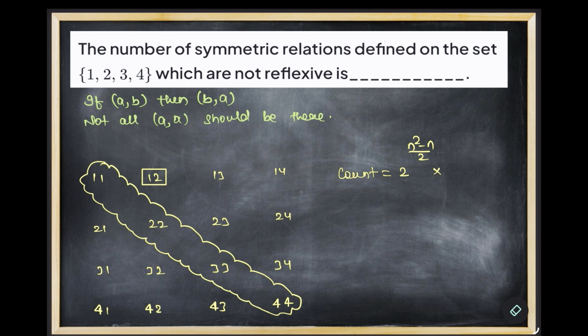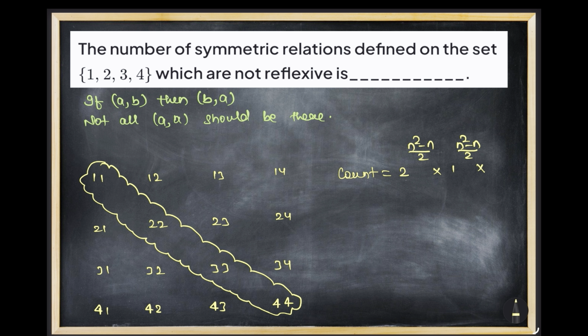So don't you think the rejection and selection of this element depends upon the other? Corresponding to all cases, you have only one choice. So can I say that the lower triangle elements will have one choice each? So we will write 1 into 1 into 1 into 1, x times. Who is x? (n square minus n) by 2.